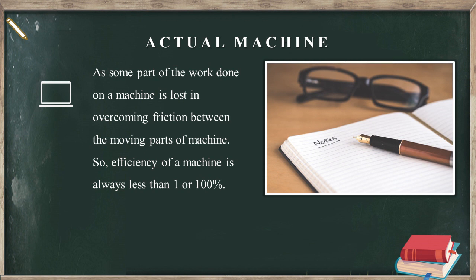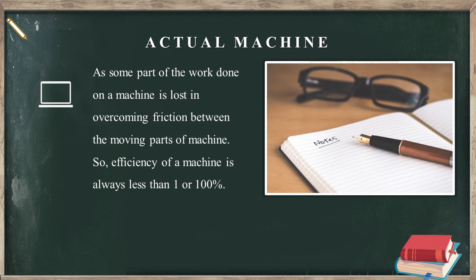Now a machine that has efficiency 100% or has the value 1, that is called ideal machine. In an ideal machine, no part of the work is wasted. But actually this is not true. It is not possible. Practically, some part of the work done by a machine will always be wasted. It will be lost in overcoming the friction, because without friction, all of you know, a machine cannot work.